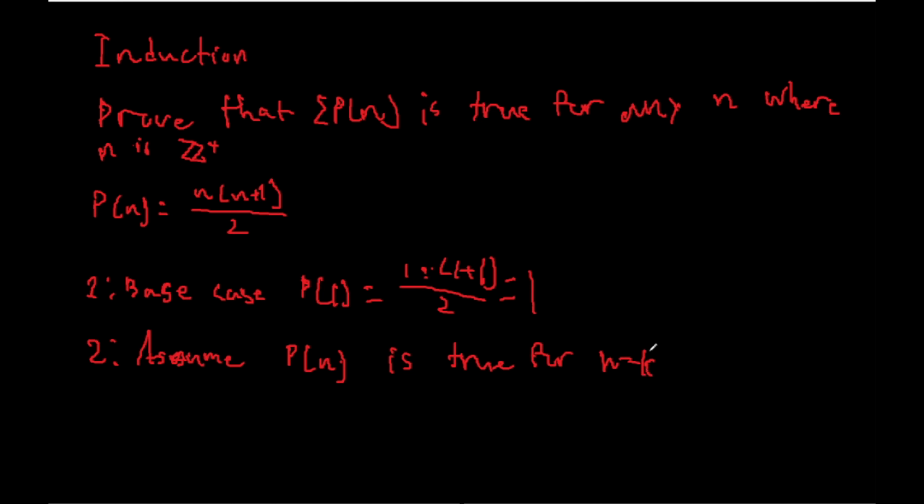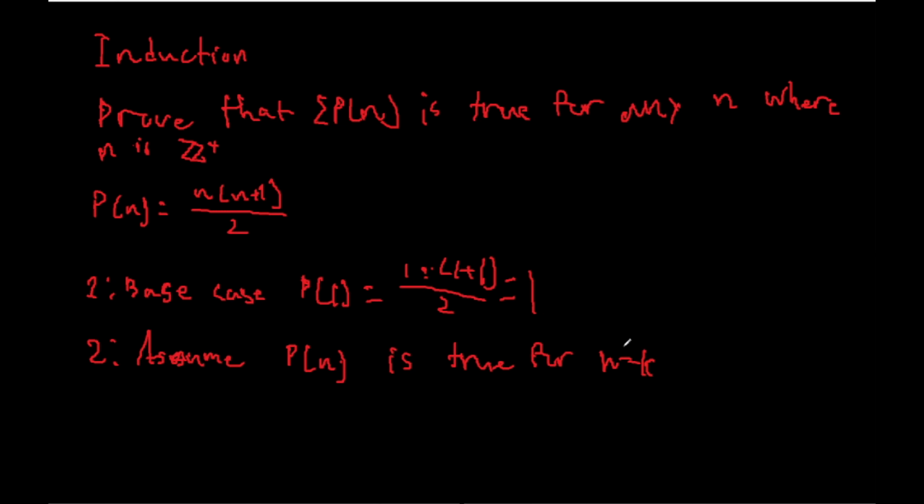Okay, we can assume that this is true because we've proven that when we had n equals 1, this was true. So now we can assume that Pn is true for any n equals k.